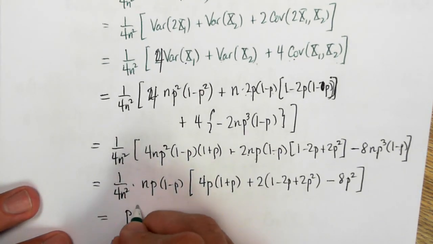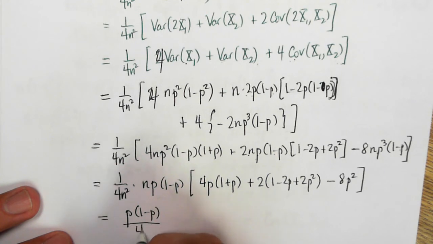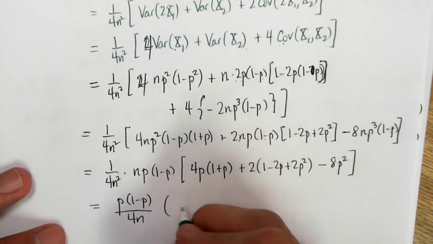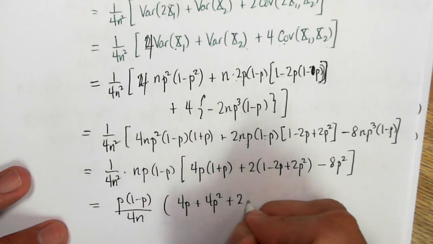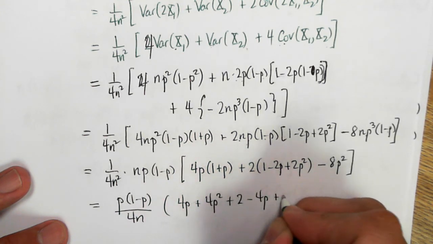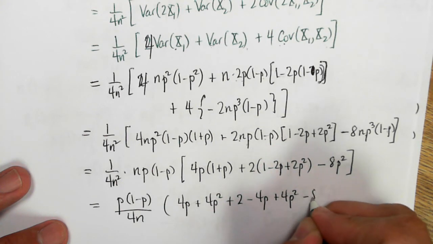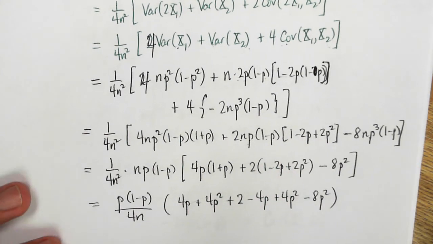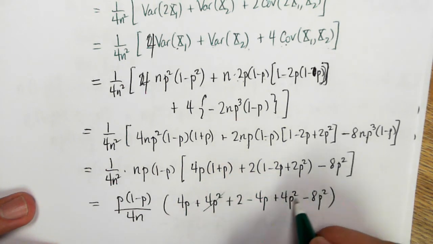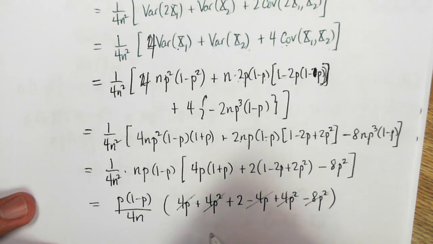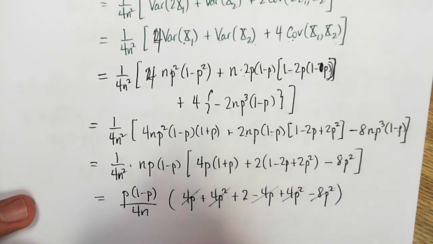So that gives me p times (1 minus p) over 4n. Let's multiply out. We get 4p plus 4p squared plus 2 minus 4p plus 4p squared minus 8p squared. Now, does this simplify? We get 4p squared plus 4p squared minus 8p squared, which cancels. 4p cancels 4p here, and I'm left with just 2.